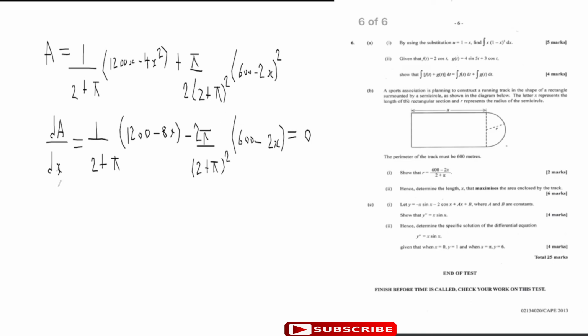To solve this equation for x, we can multiply through by 2 plus pi all squared. Multiplying through by 2 plus pi all squared, and you get 2 plus pi times 1200 minus 8x minus 2 pi times 600 minus 2x.